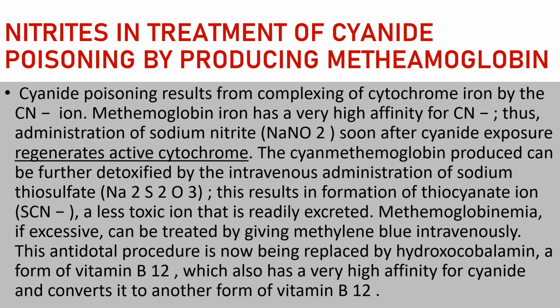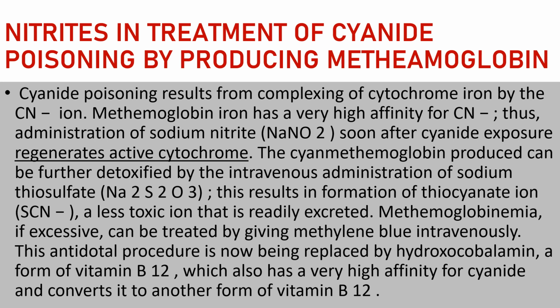Now what happens in cyanide? Cyanide poisoning results from complexing of cytochrome iron by the cyanide ion. Now methemoglobin iron has a very high affinity for this cyanide ion. Thus, administration of sodium nitrite soon after cyanide exposure, what does it do? It regenerates the active cytochrome.